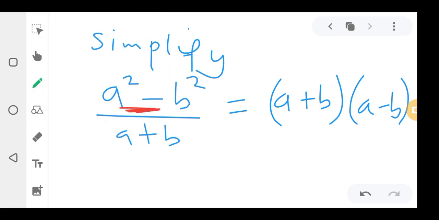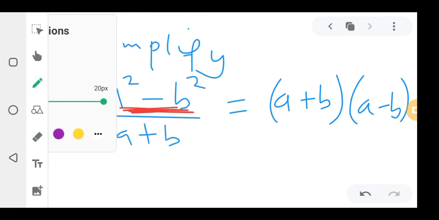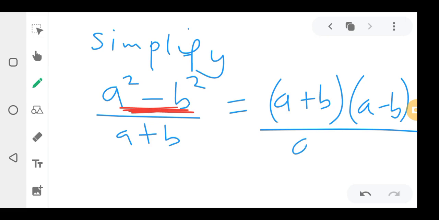Then the one down again comes here. It's going to be over a plus b. So a plus b into itself is 1.